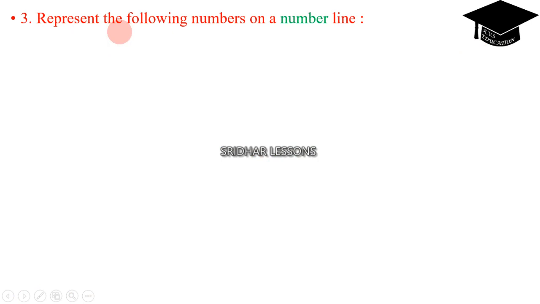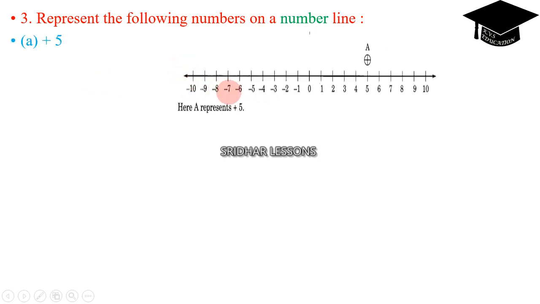Problem number 3. Represent the following numbers on a number line. Plus 5. We know on the number line 0 is the middle, it is the origin, and to the left side we have negative integers, and to the right side we have positive integers. This is how we are going to represent plus 5.